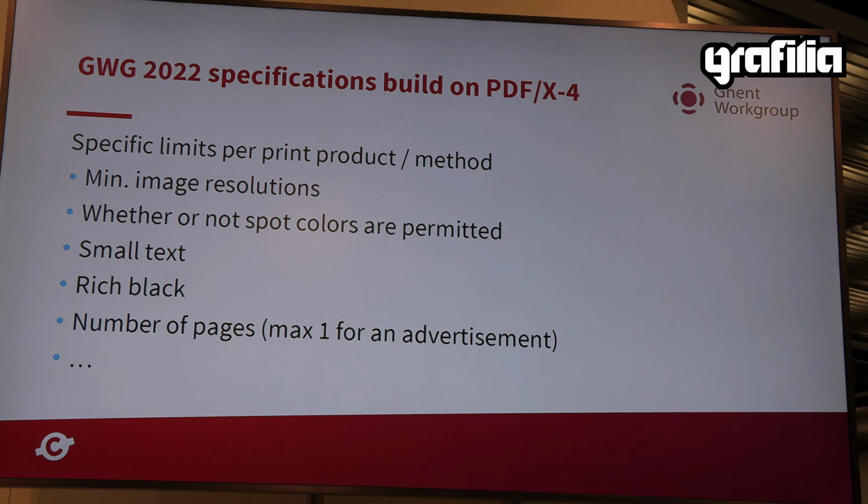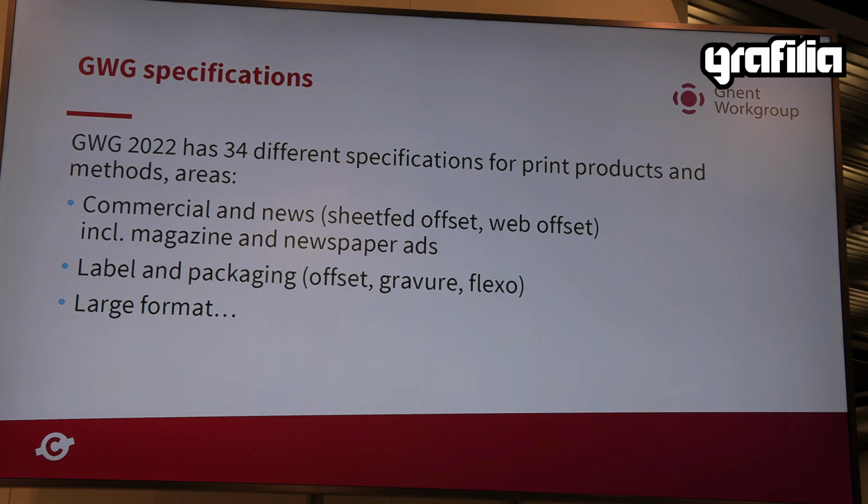And that is GWG. A GWG specification has exactly that. A minimum image resolution, small text has to have a certain minimum size. It specifies whether spot colors are permitted or not. It specifies that for an advertisement you would only have one page, where for a brochure you would have several. So all such requirements are in GWG. And that means GWG is not just one specification, it is actually 34 different specifications for different printing methods and different print products.